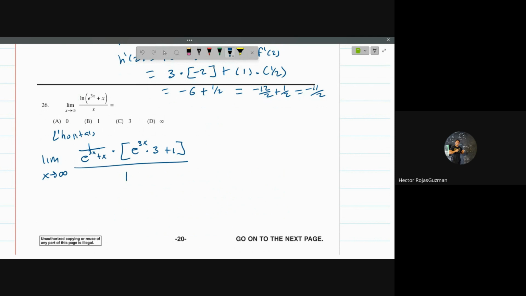It looks kind of messy, huh? But this right here can simplify to 3e to the power of 3x plus 1 over e to the power of 3x plus x. And now that you simplified it significantly, you can go ahead and take the limit as x approaches infinity of the power functions. 3e to the power of 3x divided by e to the power of 3x. These cancel, giving you 3.